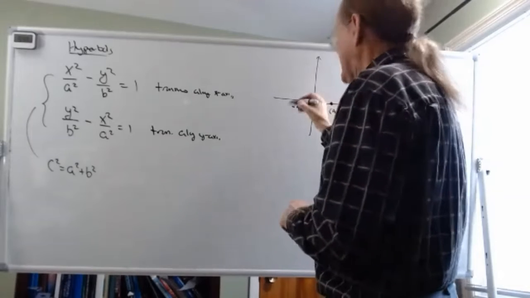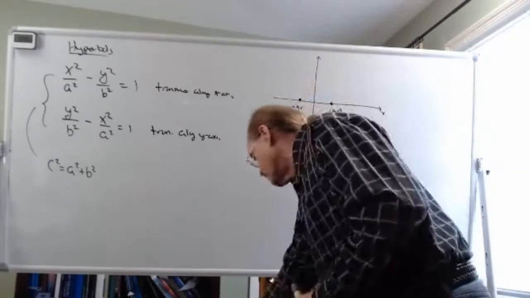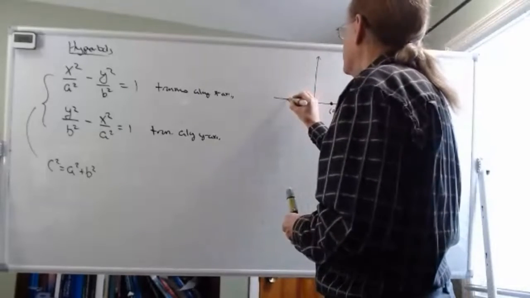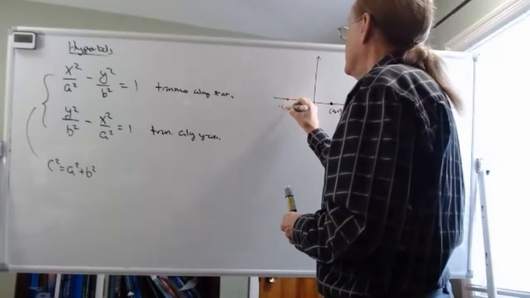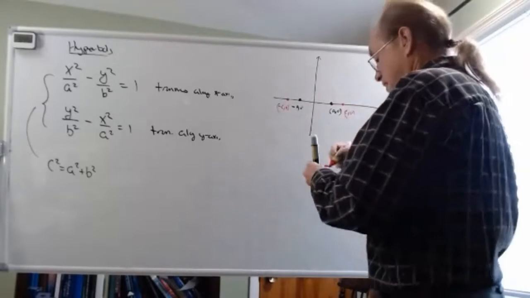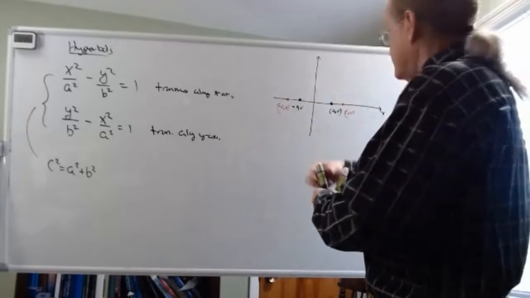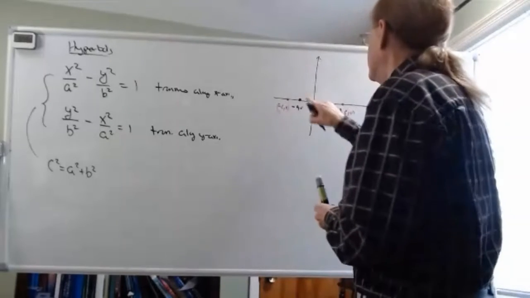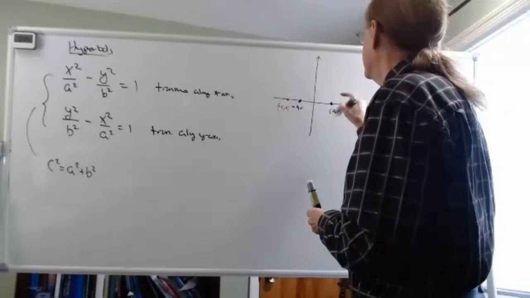And then we have my C value, which is larger than those. So over here, this is my minus C comma 0. This will be my plus C comma 0. And it's going to look something like this. We'll do it in blue, because I've been consistently doing it in blue.